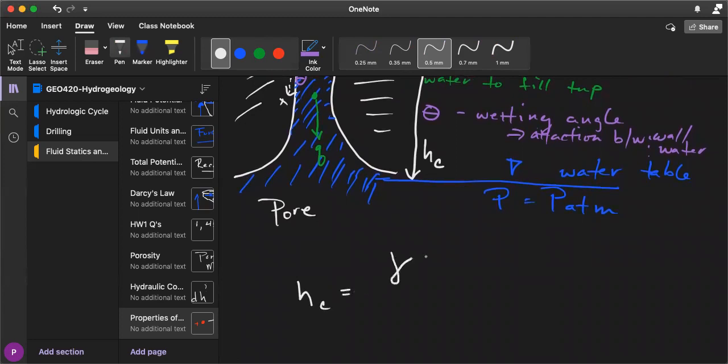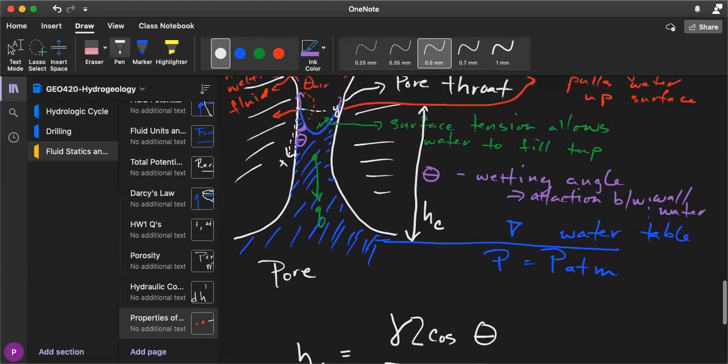So it's the surface tension, gamma, times the cosine of our wetting angle. It's actually 2 times the cosine of theta because I've got two of these guys pulling up.